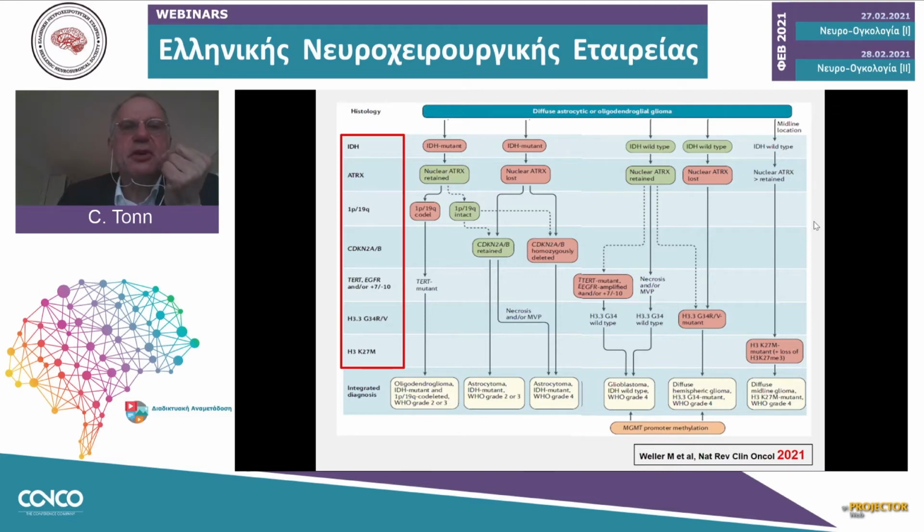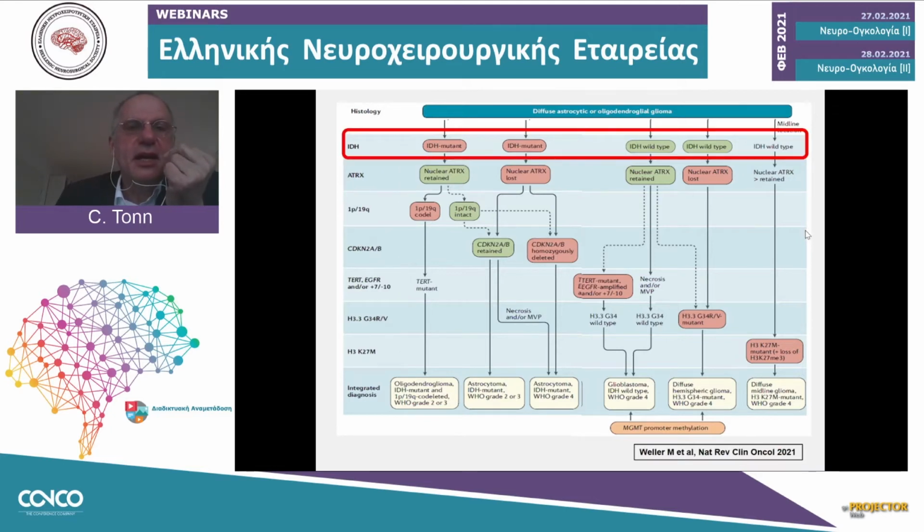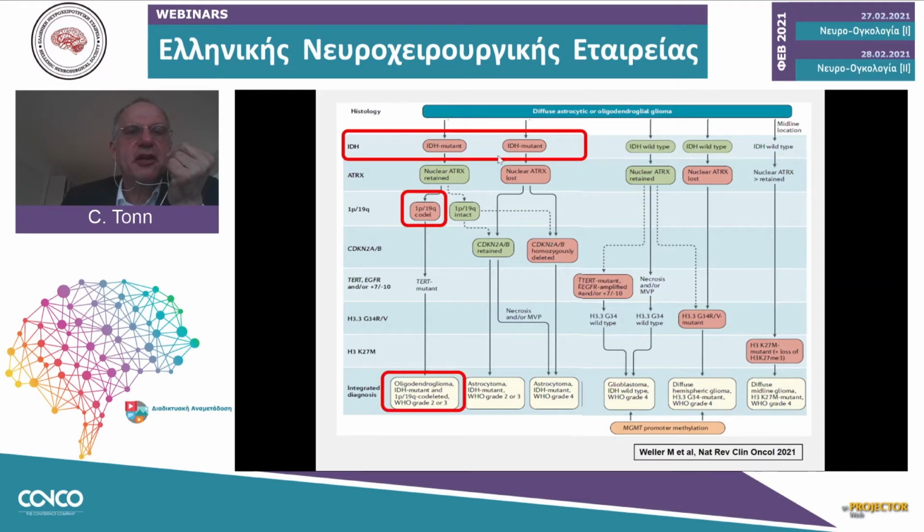And the most important thing is that the first issue is whether the tumor is IDH1 mutant or wild type. So if you have an IDH1 mutant tumor, the next thing to look at is whether it's co-deleted 1p19q. If these two things are answered by yes, then you have a true oligodendroglioma. And it can be graded as 2 or 3.